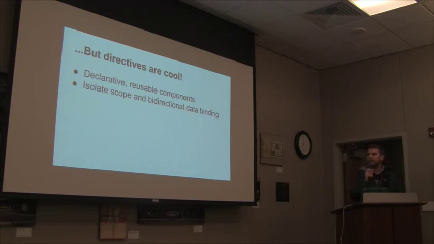And then, the isolate scope and bidirectional data binding is a cool feature that isn't really a part of regular controllers. So you can use those to your advantage in directives to get some isolation going on and not have to worry about clobbering stuff.